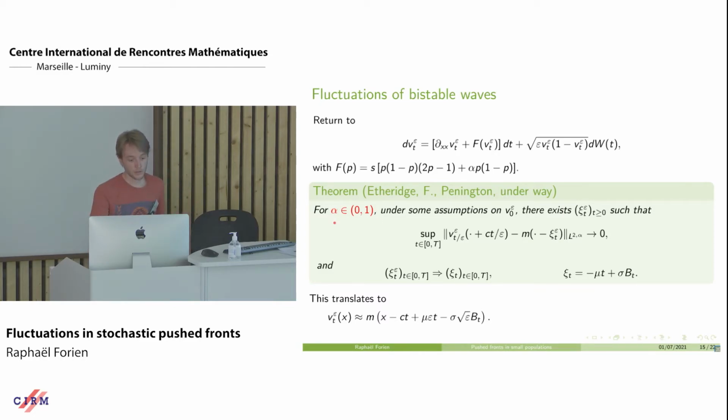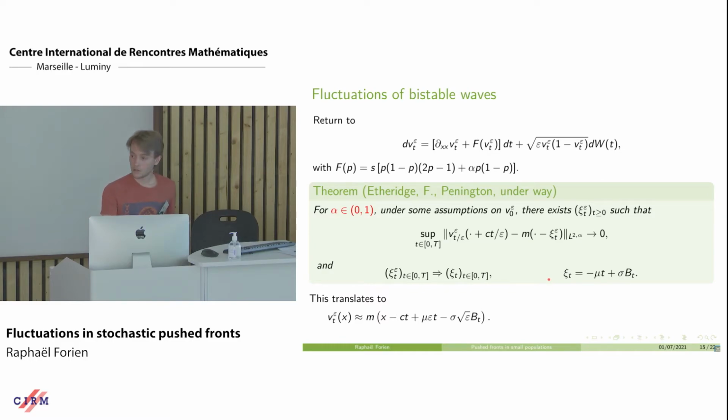And what we can show is that for alpha between 0 and 1, if you look at the stochastic model shifted in the deterministic moving frame, so you look at its position relative to the deterministic wave, and you speed up time by a factor of 1 over epsilon, then again it looks like the profile of the deterministic wave shifted by a random amount psi epsilon. And this psi epsilon converges in distribution to a process psi of t, which is just a Brownian motion with negative drift.